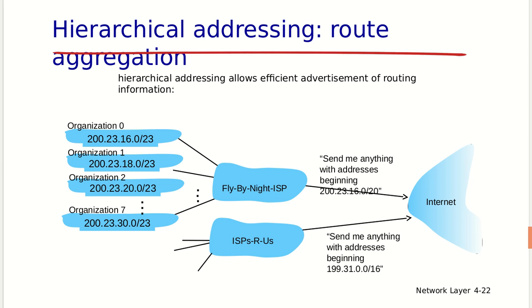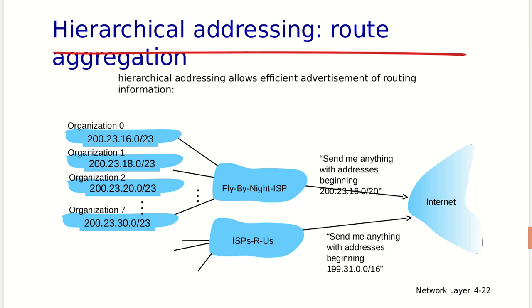So you can tell the routers on the global internet that if they have any packet to be sent to this IP address range, they should send it to me and I am going to forward it. So once something arrives for 200.23.16.0/20, it is quickly forwarded to this internet service provider.